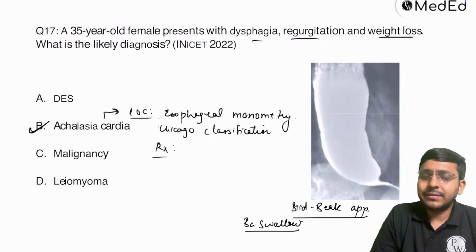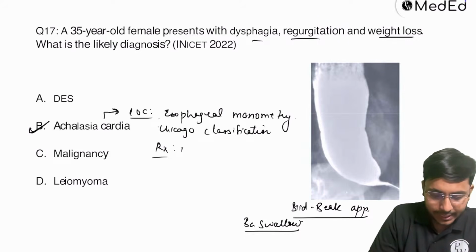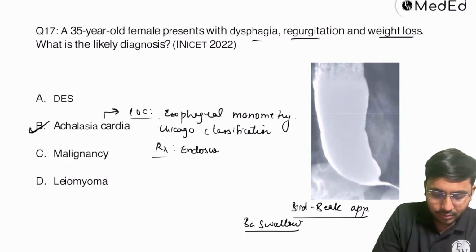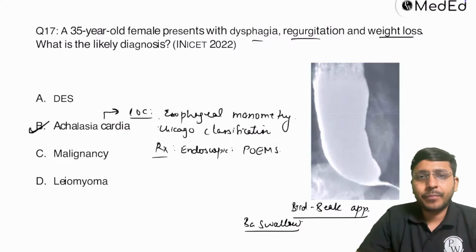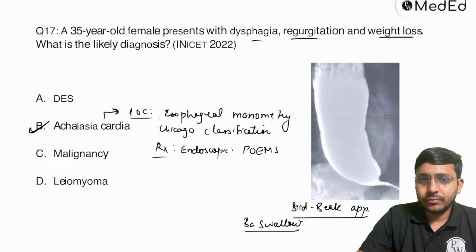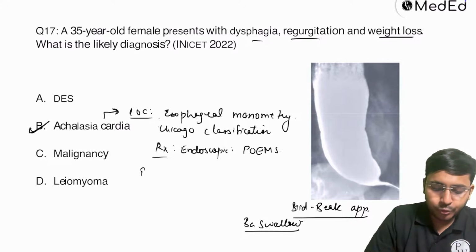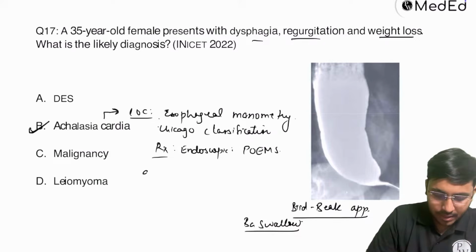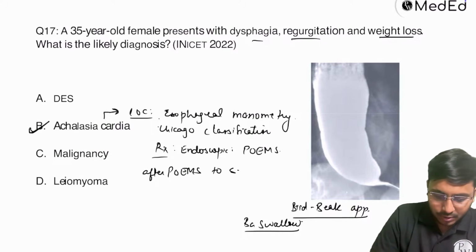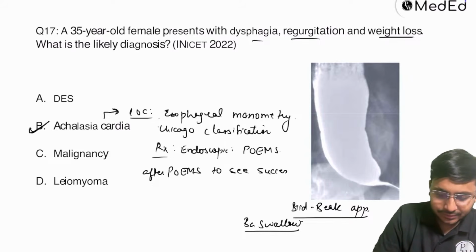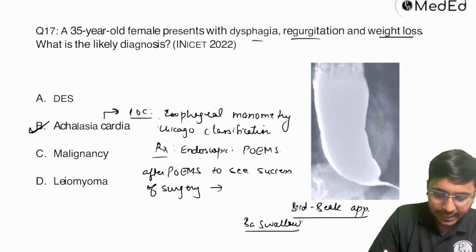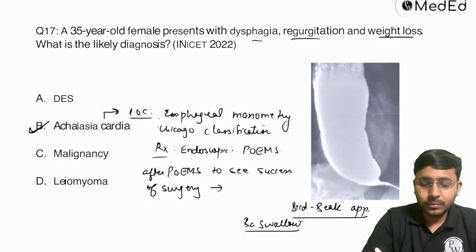So the surgical treatment is Heller's myotomy, but the endoscopic treatment is POEM. Right? Now, after POEM, to see success of surgery, what type of investigation do you do?